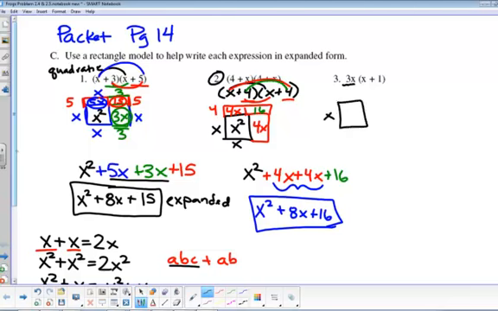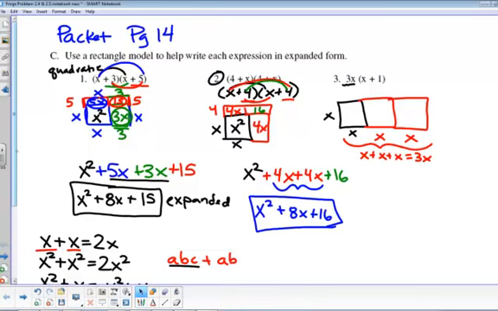This last one's a little bit different because of the 3x out front. So we're going to start with our x by x. The 3x means you need 3 x's. If you remember from what I just showed you with adding and subtracting, x plus x plus x is 3x. So we would have to add 2 x's to get one dimension to be 3x. And then the other dimension, we're going to add 1 to. But we do need to add it all the way across.